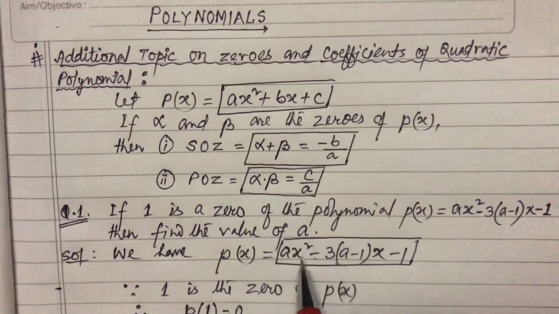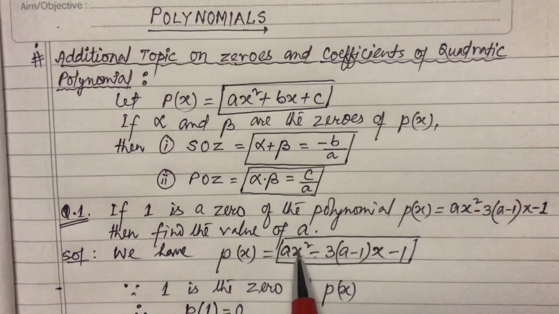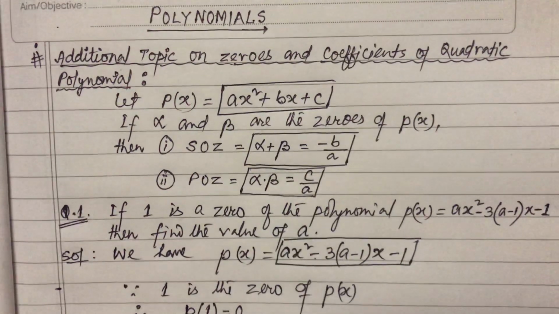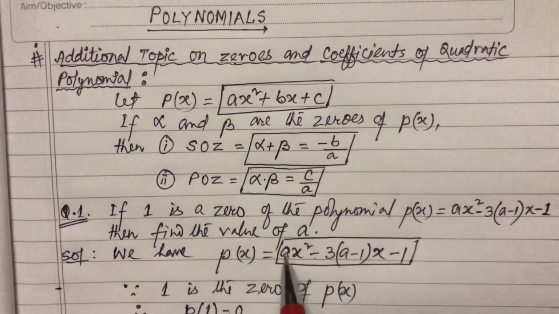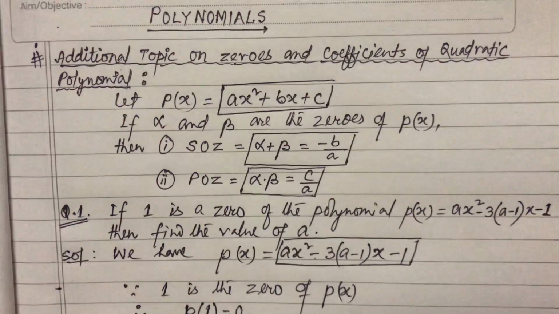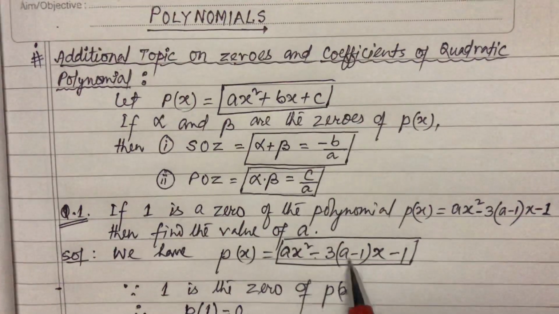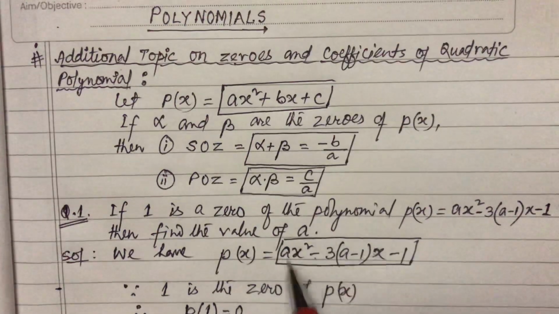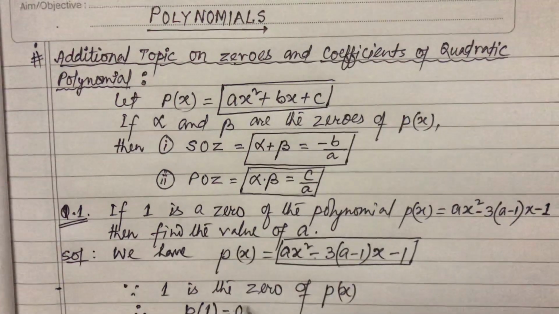Wherever we have x, we'll replace all this x by the zero 1. I replace this x by 1 and make it 0, because when we replace x by 1, this must give you 0. That's why 0 comes here.